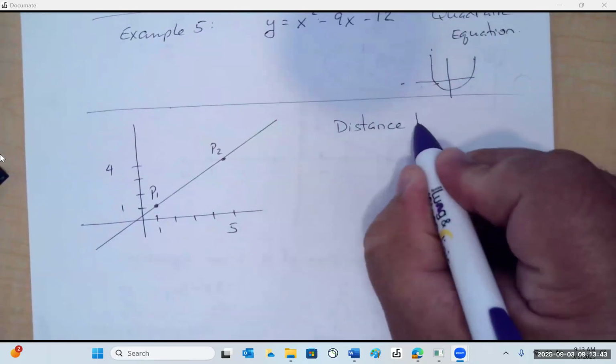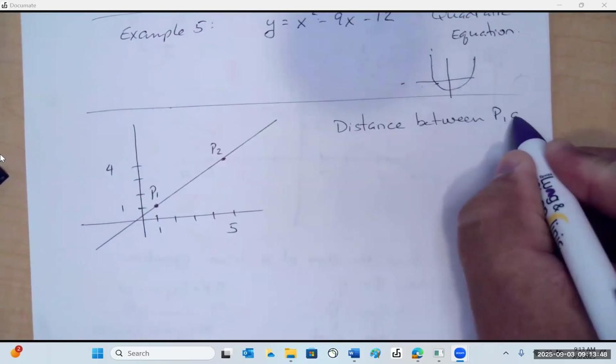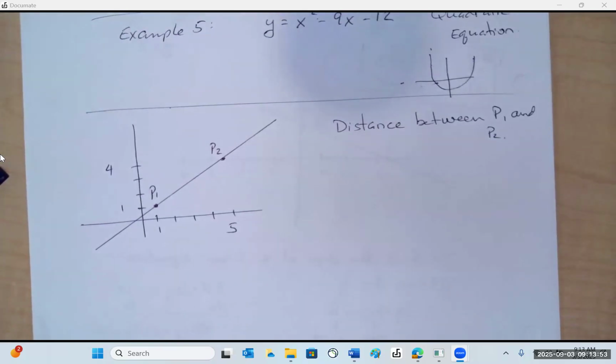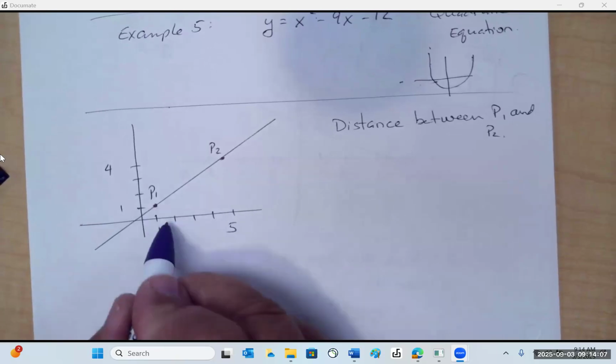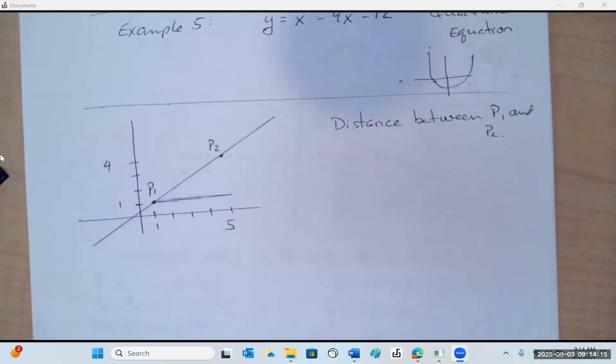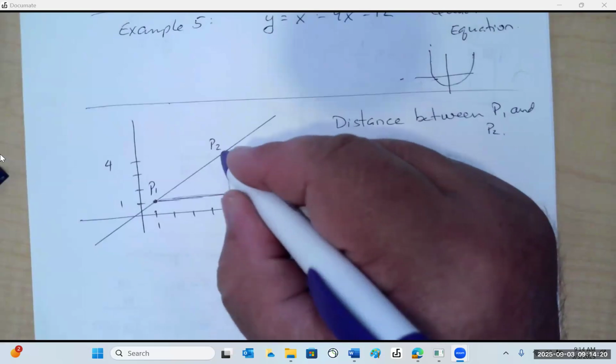The distance between P1 and P2. You do know the formula to solve this. What do we know? We know the x values. If I just look at horizontally, I know it's between here and here. I know vertically it's between here and here.